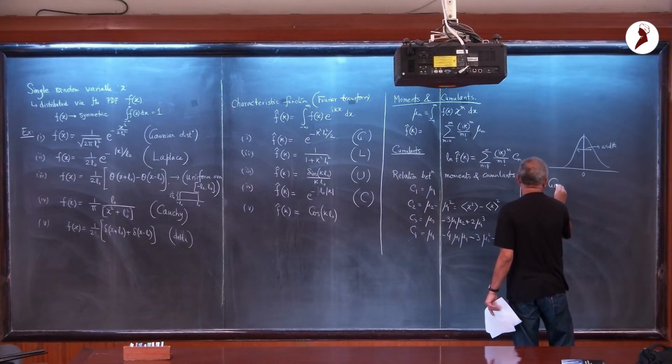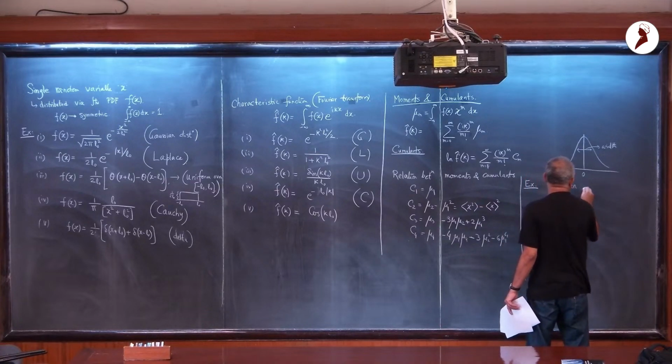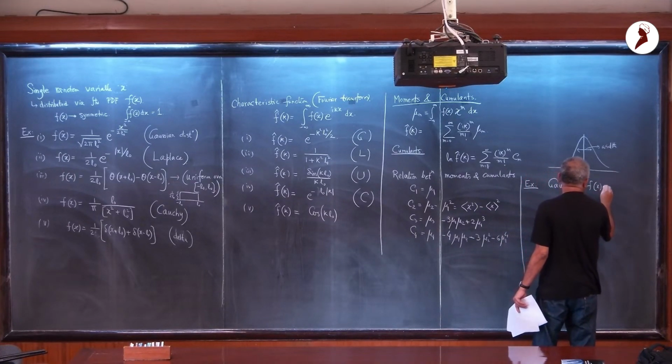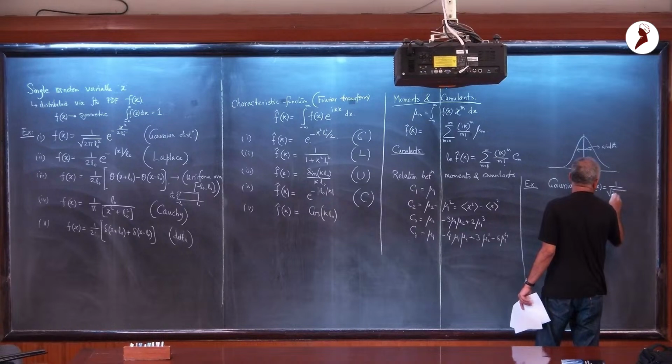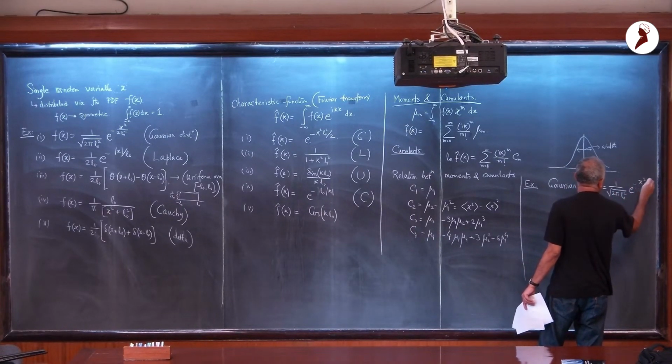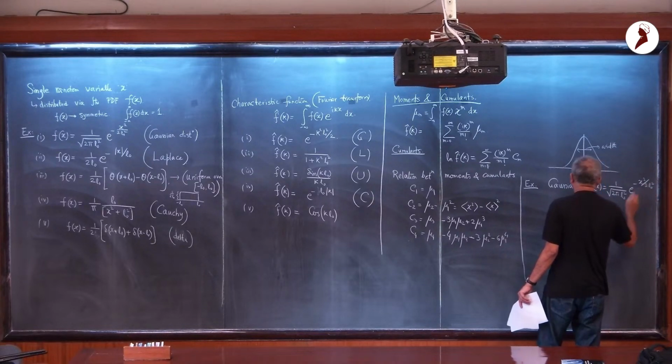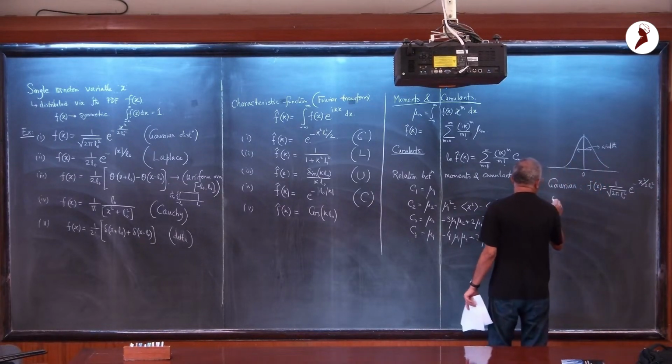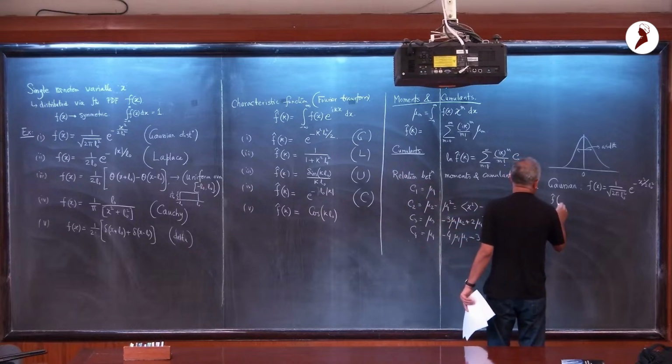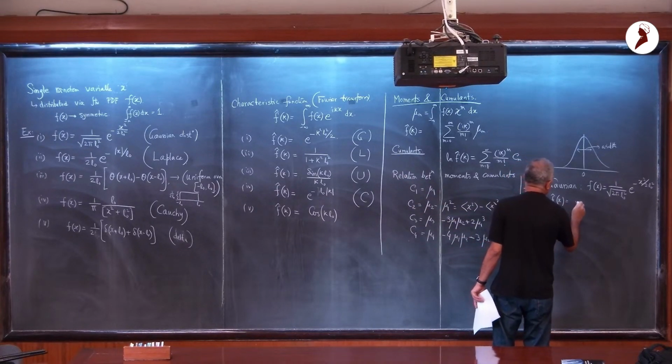So let's look at the example of a Gaussian distribution. So that f(x) is 1 over square root of 2 pi L naught square, times the exponential. In this case, as we saw there, the Fourier transform itself is Gaussian.